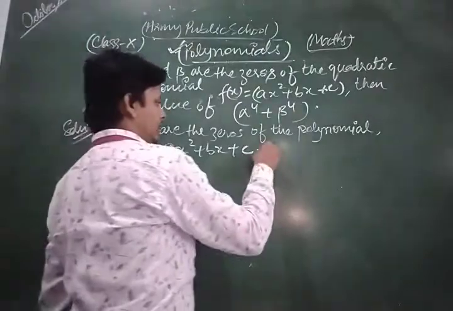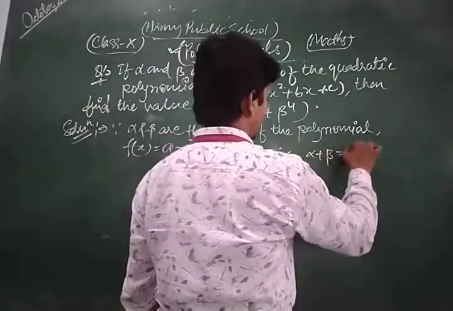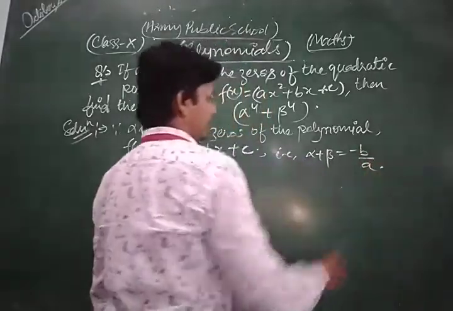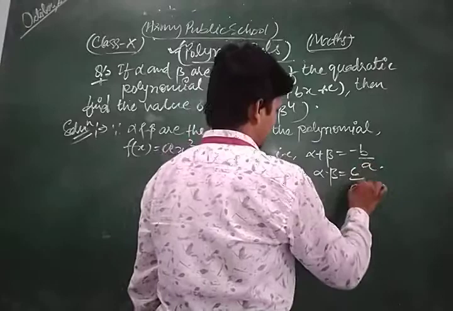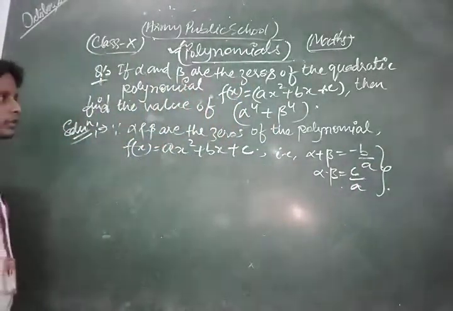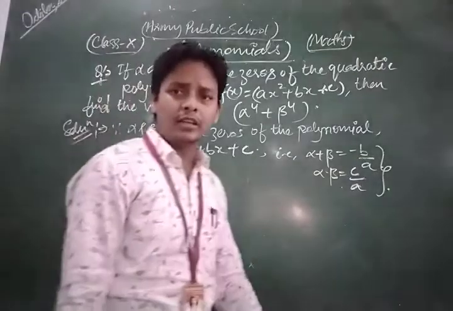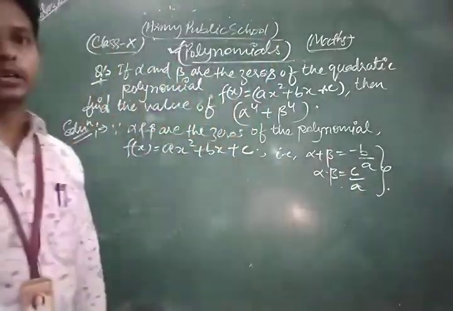It means that the sum of zeros is equal to minus b upon a, and the product of zeros is c upon a. Sum of zeros is minus b upon a, and product of zeros is c upon a.